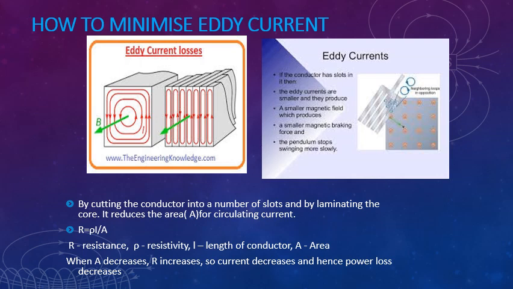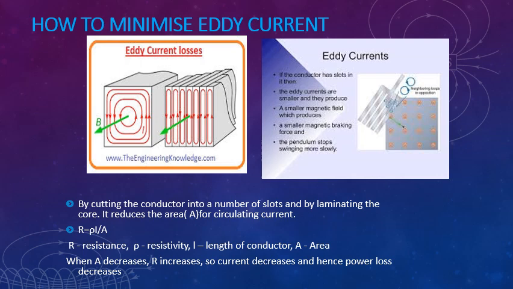Next, we will be seeing how to minimize eddy current. Look at the figure. To reduce eddy current, the conductor should be cut into a number of slots, and each slot should be laminated. So, the area for circulating current decreases.